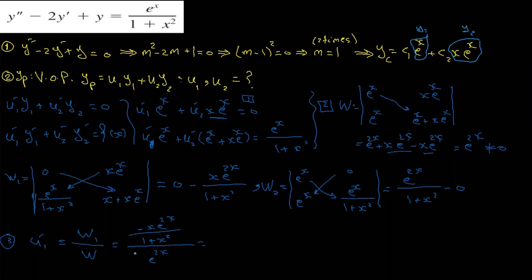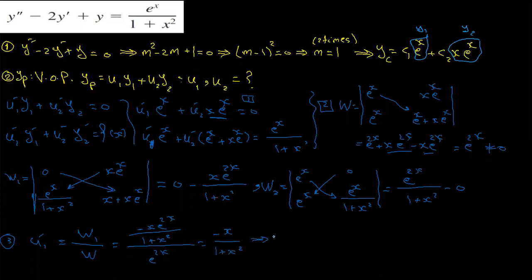Muhammad Yasser, how to simplify this? The 1 plus x squared and the e to the power of x are on the same side, but we make the e to the power of x in the numerator and remove the e to the power of x from the bottom entirely. Yeah, so this one will be a new denominator here, and I can cancel out with this. Can I do that? Yes. So it is negative x over 1 plus x squared.